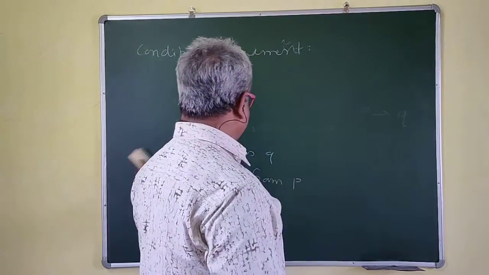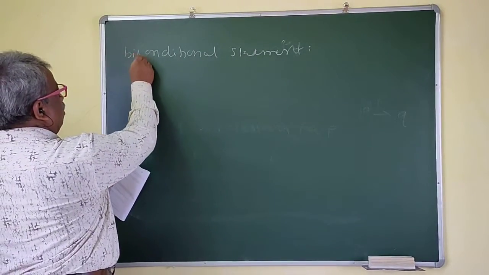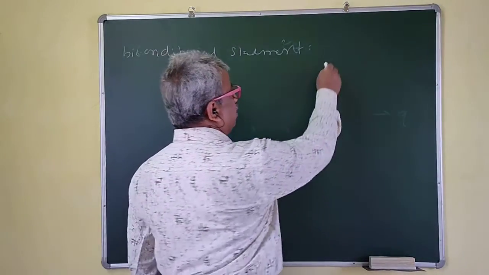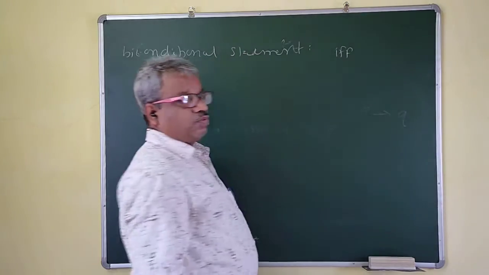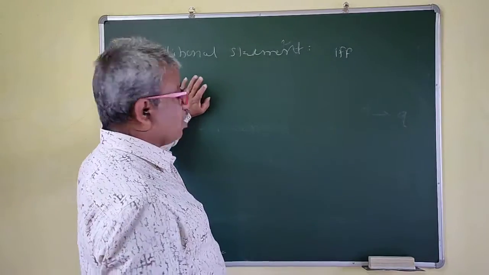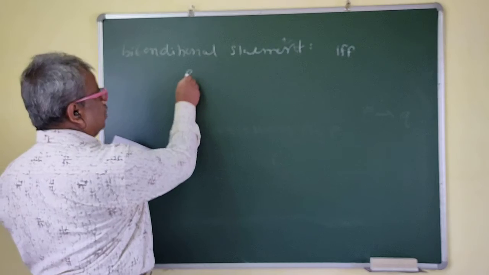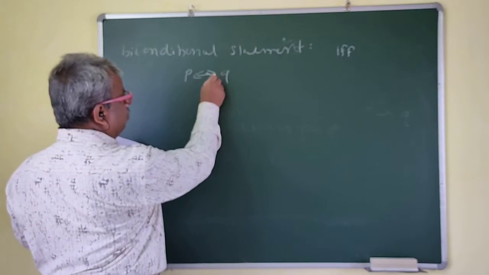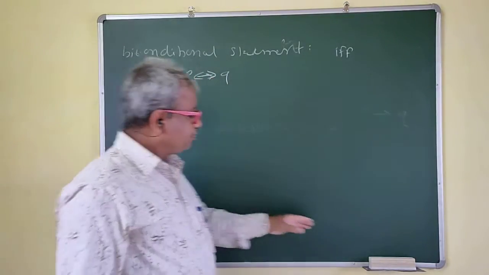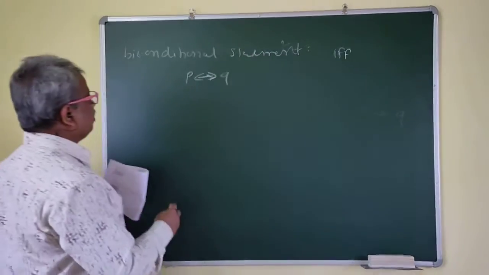Then next, biconditional statement. This is also a compound statement. If two statements are connected by the phrase if and only if, then that compound statement is called a biconditional statement, and it is denoted by P if and only if Q. So now negation of the statement, right?